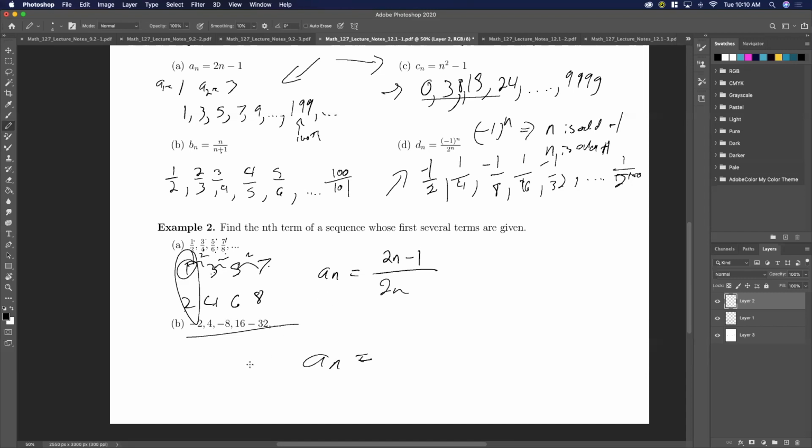Yeah, you guys are doing (-2)^n, which is correct. If I have 1, I have -2, and if I have 2, this becomes 4, so this is 100% correct.